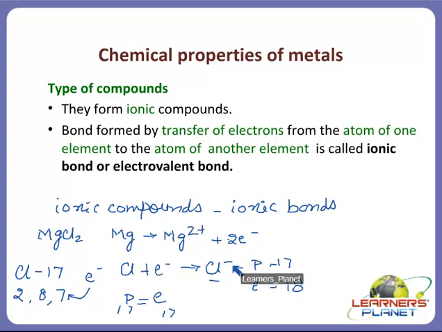Am I clear? Then this magnesium 2 plus and 2 Cl minus ions will combine and form magnesium chloride. So this type of bond, which is formed by transfer of electrons, is called what? Ionic bond or electrovalent bond. Here the electron has been transferred from magnesium to chlorine. Clear, children? So this type of compounds are formed by metals.